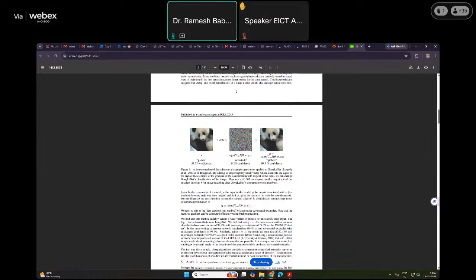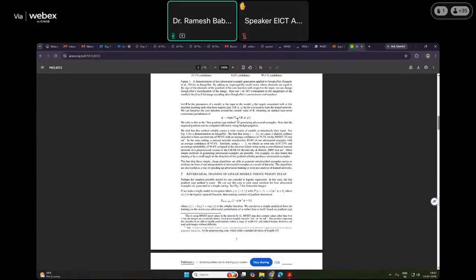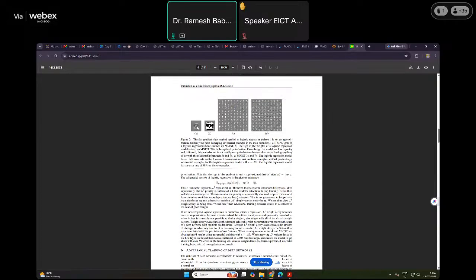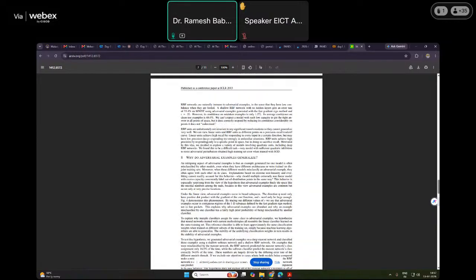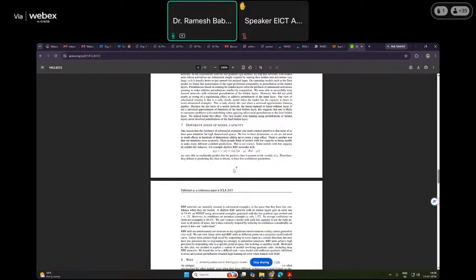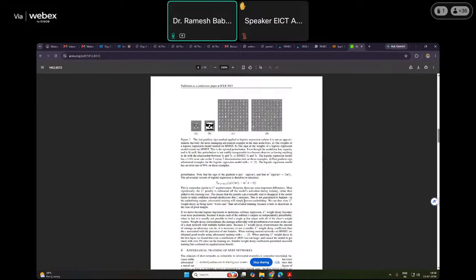You can see it is not a very fancy diagram, very simple diagram, and you can see the mathematical work that they have done in their entire paper. Very simple diagrams, no fancy work. They also have a particular flow which you should keep in mind, so that will help you in future work when you are going to write your paper or when you are writing top tier papers.